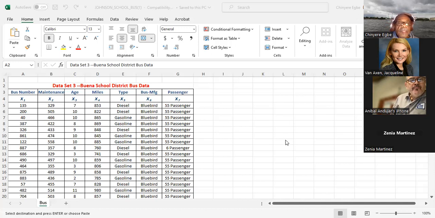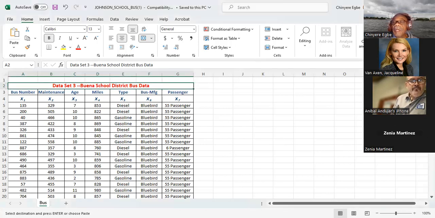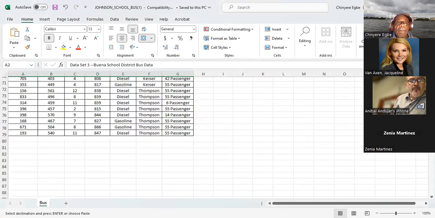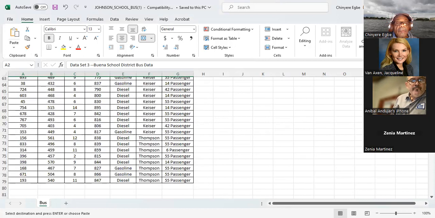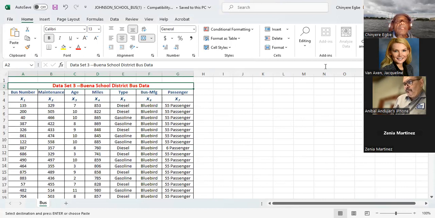So now you can see here, we have the manufacturer, you have Bluebird, Kaiser and Thompson.